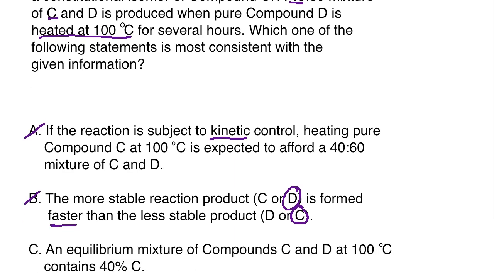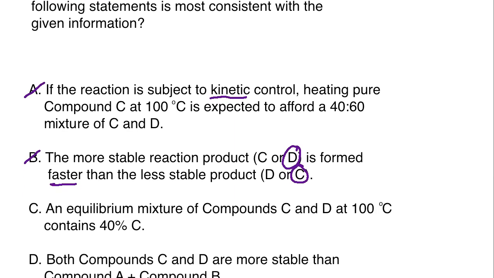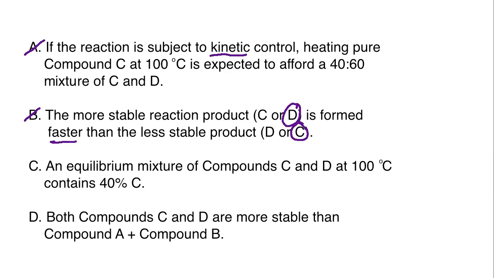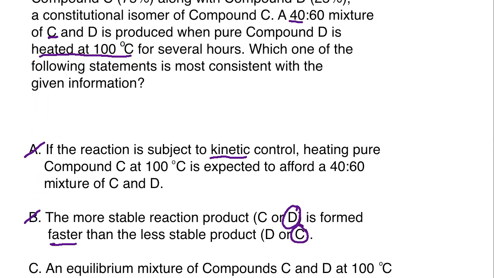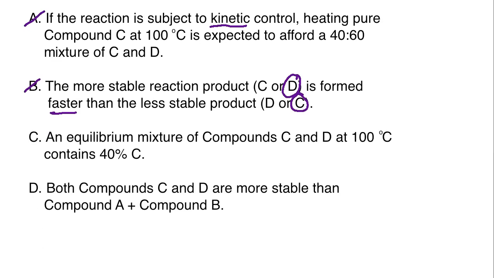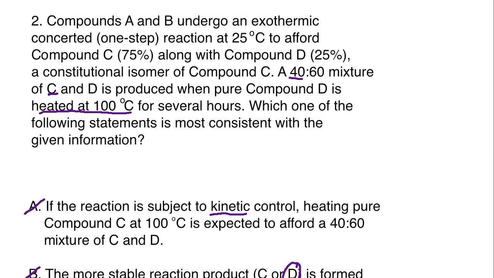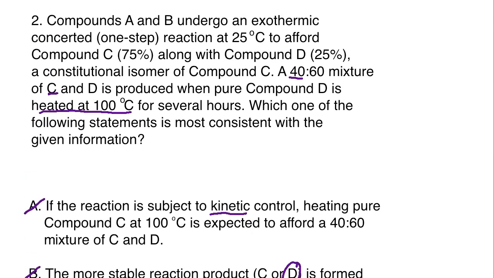Now, while thermodynamic control does open up equilibrium, you have to have reversible conditions for thermodynamic control. Just because it's stating the outcome or the result here does not mean that the equilibrium mixture of C and D at 100 degrees Celsius was 40%. That is to say, when C and D are in equilibrium, that does not mean that C is going to be at 40%. That is the result of heating for several hours, after everything has cooled down and the final analysis has been done.